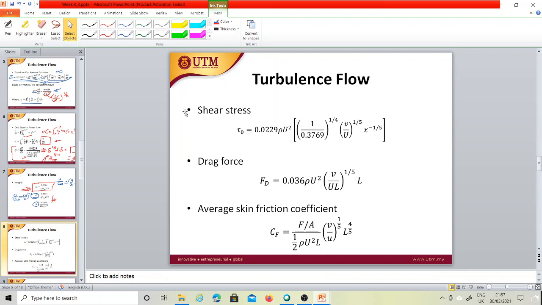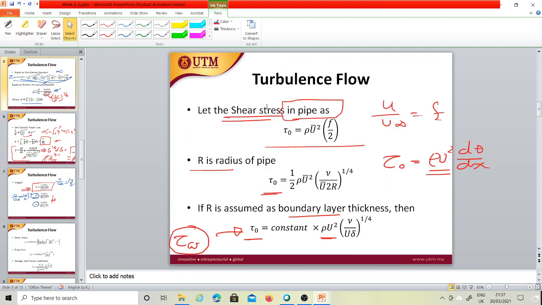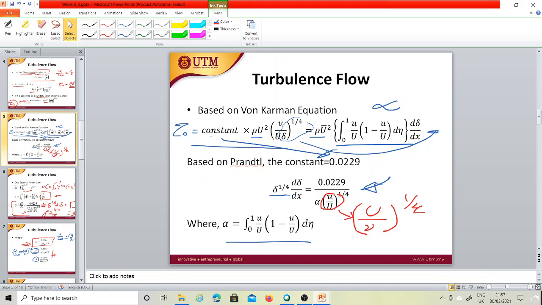Then we have the wall stress. If you remember, this is the wall stress expression.